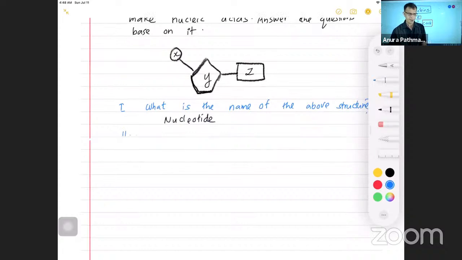Second, name the parts X, Y, and Z. X, phosphate group.